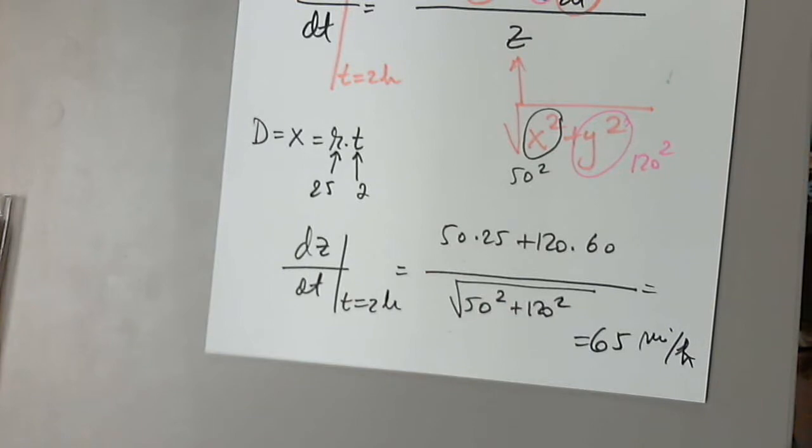Okay, let's look at an application from physics. Ready? If two resistors with resistance R1 and R2 are connected in parallel, then the total resistance R, measured in ohms, is given by this.